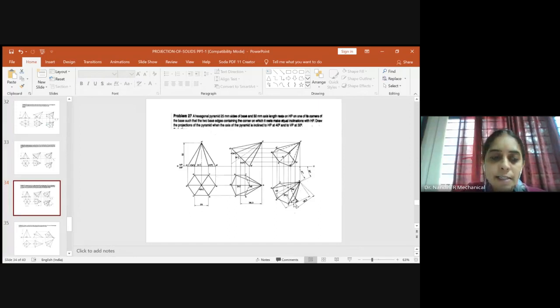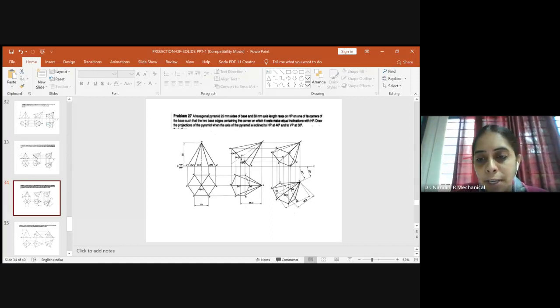The procedure again is the same. You know how to construct it. What we do is first take a 30 degree line to VP. After that, you have to check the true length of the axis, which here is 50 mm.